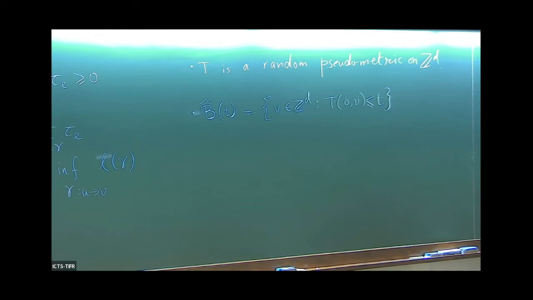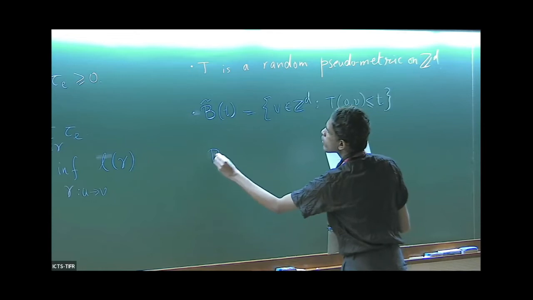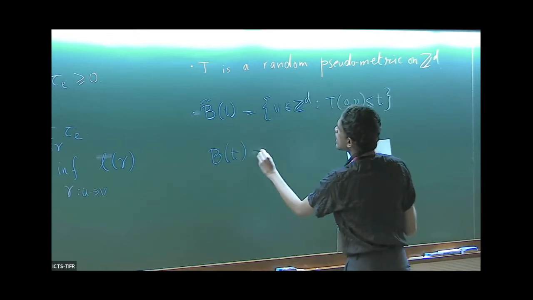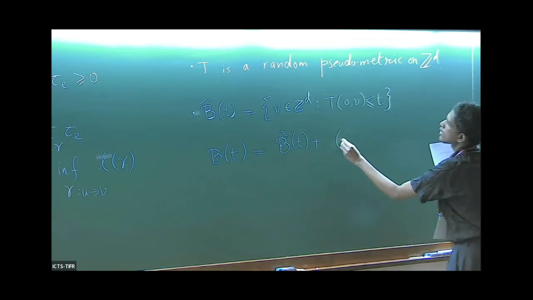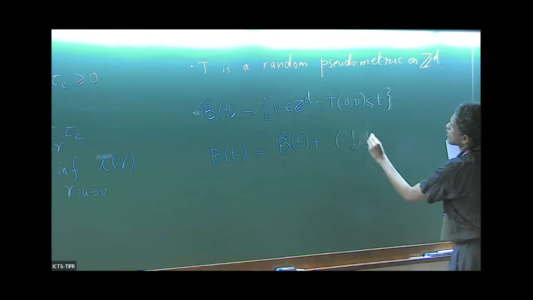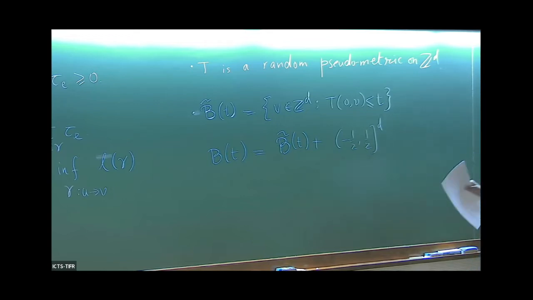The reason I have put a tilde here is because I want to reserve the notation B for something else. One other thing I should mention is that for me, d will always be greater than or equal to 2.